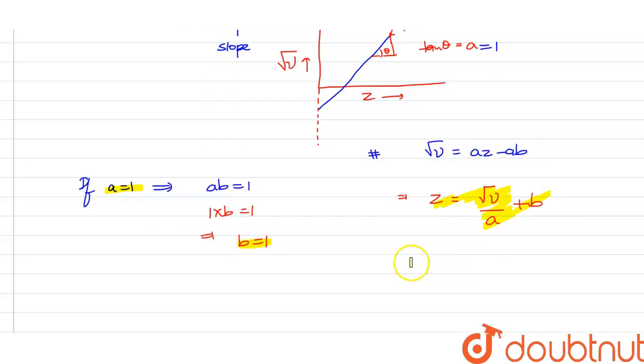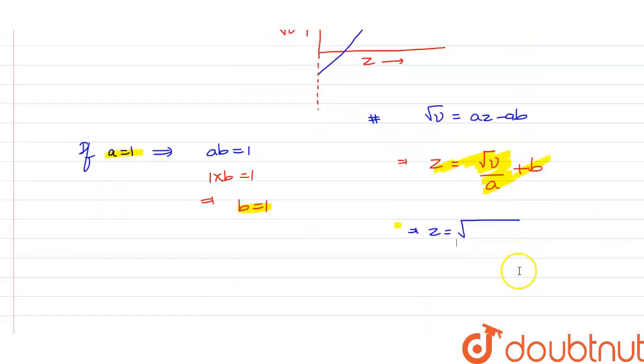Putting in all these values, Z equals root 2401 divided by 1, plus 1. The square root of 2401 is 49, plus 1, so Z is equal to 50.